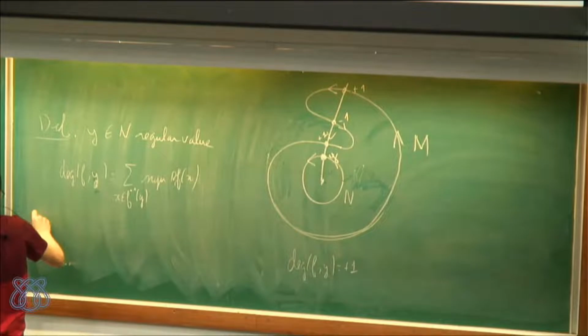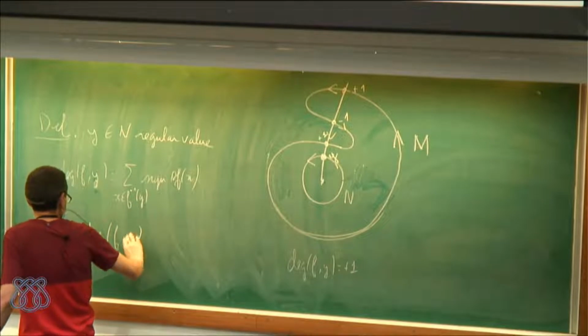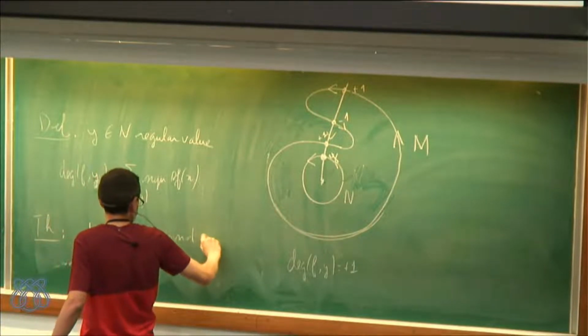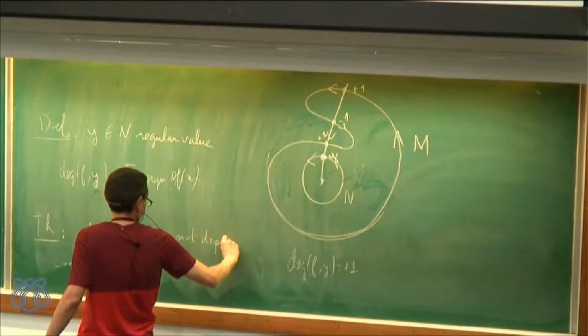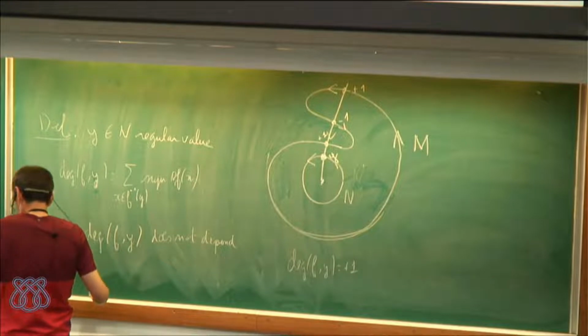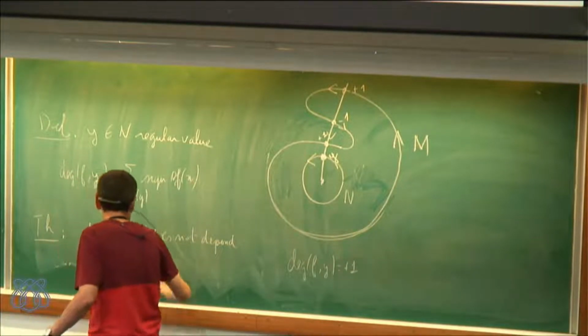Okay. So the theorem is that this does not depend on the choice of the regular value. So theorem: the degree of F at y does not depend on the choice of the regular value. Does not depend on y, let's say.